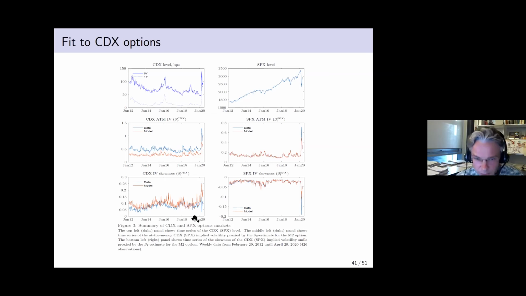One interesting data point you can see is that there seems to be a discrepancy during the COVID-19 crisis in the estimates of the model-implied skew. So again, this is related to the discussion I had before of these events around the Fed announcement of their support to the credit market, where somehow these two markets seem to disconnect from each other.